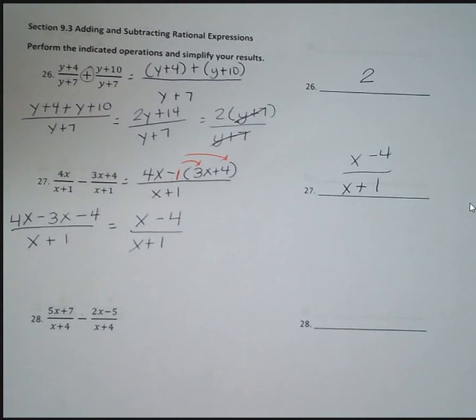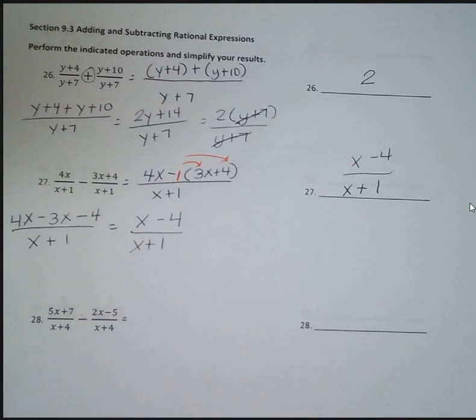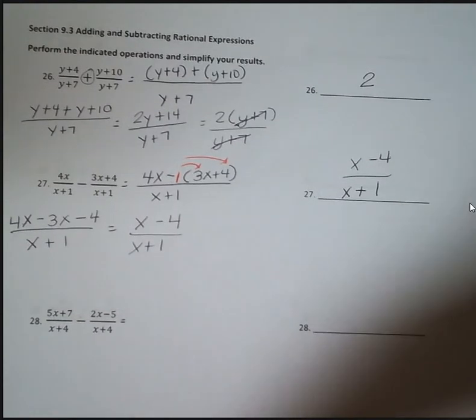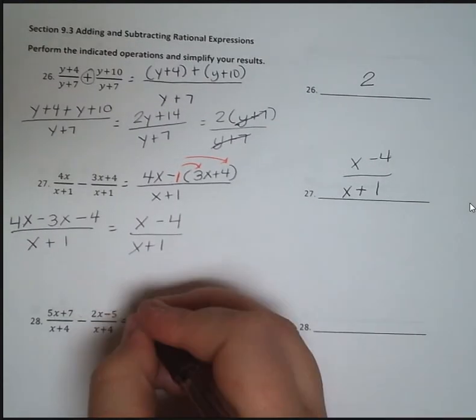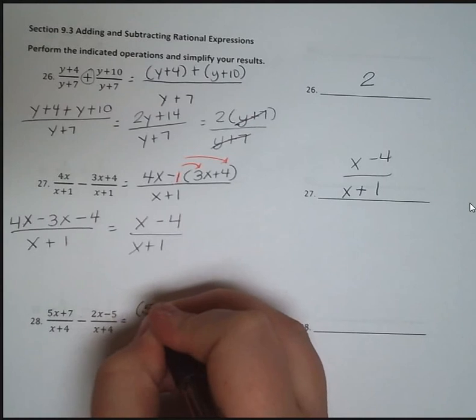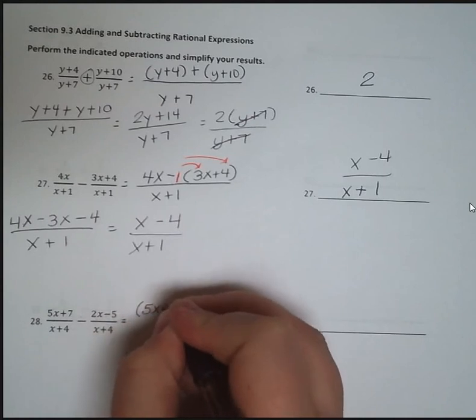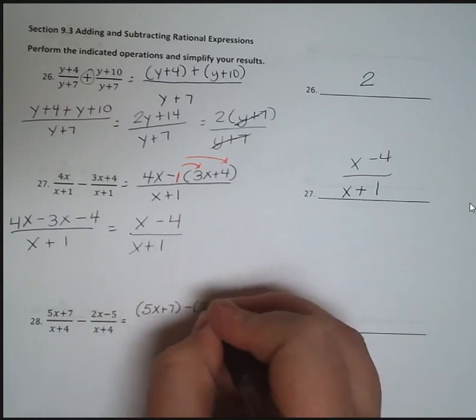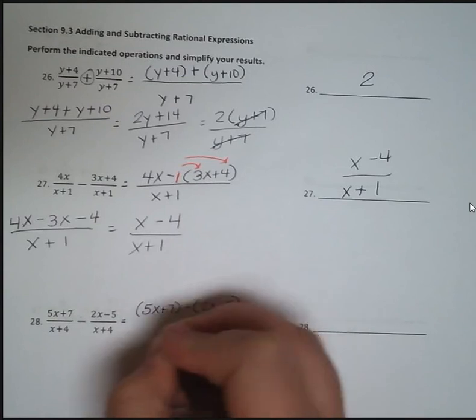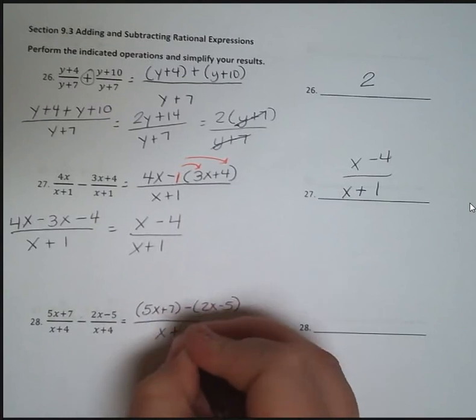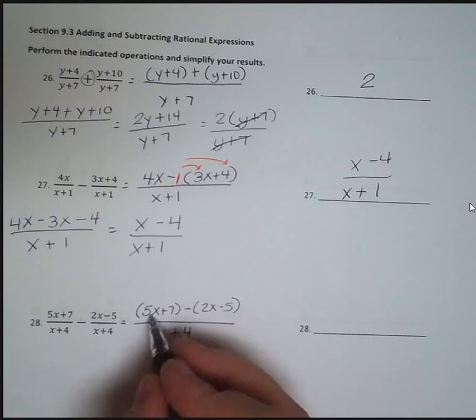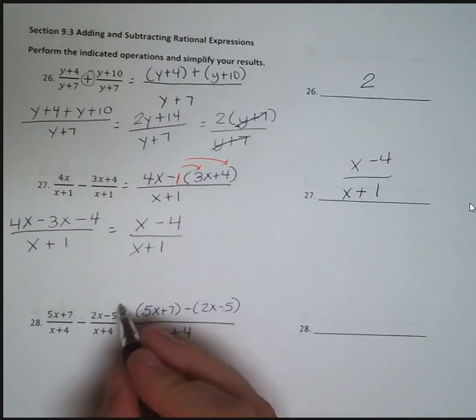So now on number 28, we can go ahead and combine your numerators because they have the same denominator. But remember, you have to use those parentheses or else we're going to get some things wrong. So I can't combine these 2 terms and nothing's multiplying out in front.